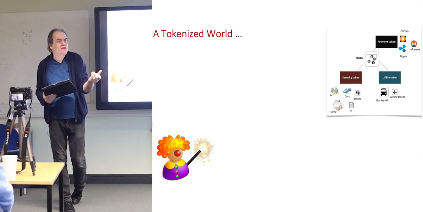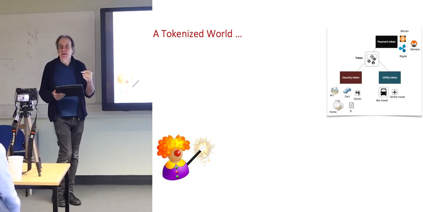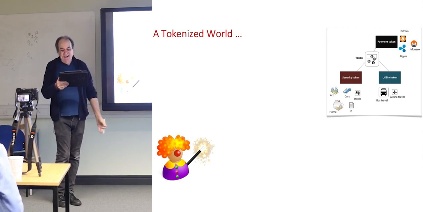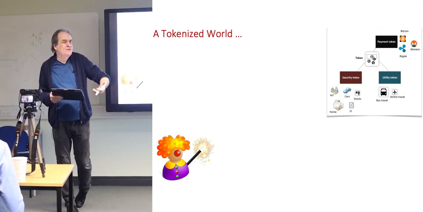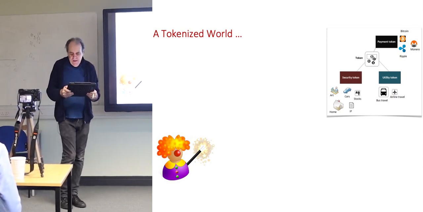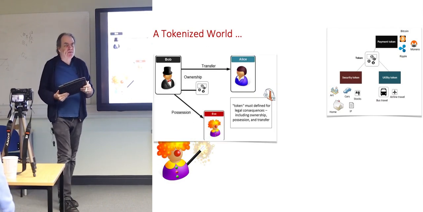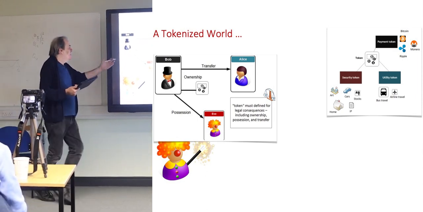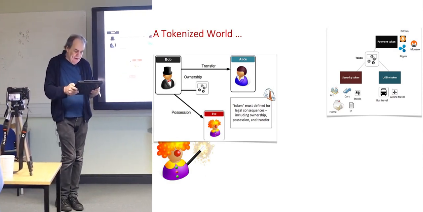I put my digital signature onto it. You now own that asset because you have the crypto token related to it. And we're all quite comfortable. Today, I used a token on the bus in Edinburgh to come in, so we're quite happy to use tokens when we travel. So this is a world which is starting to create crypto assets, and then we can define how we transfer these, who owns them, and who actually has possession of them.